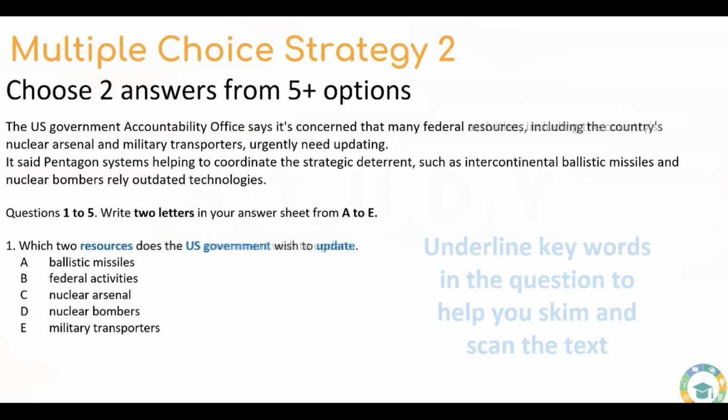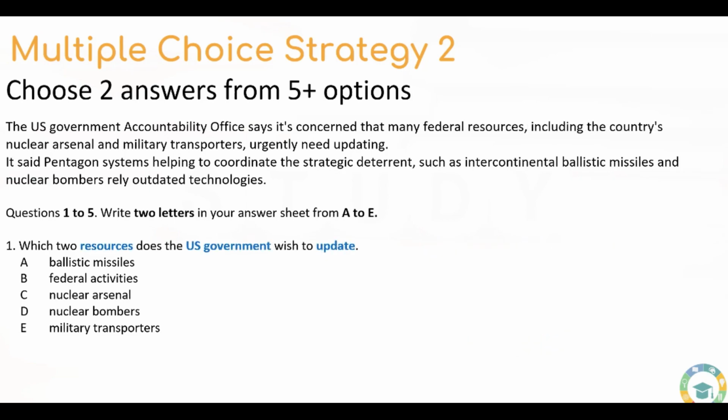Let's see what I underlined. Resources, US government, and update. So now that I've underlined keywords in the question, I'll skim and scan through the passage to find synonyms or key information. Here I've underlined nuclear arsenal and military transporters. As I can see just above that, the passage says federal resources, which is the same as in the question.